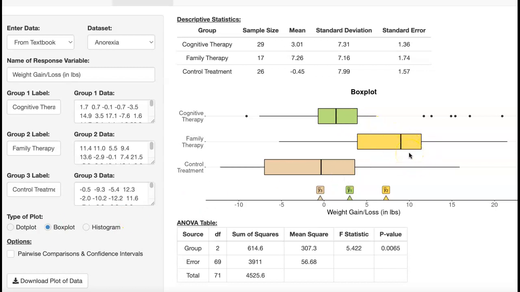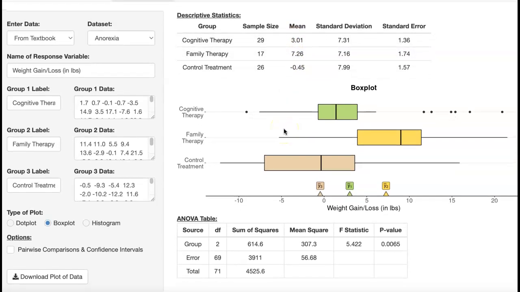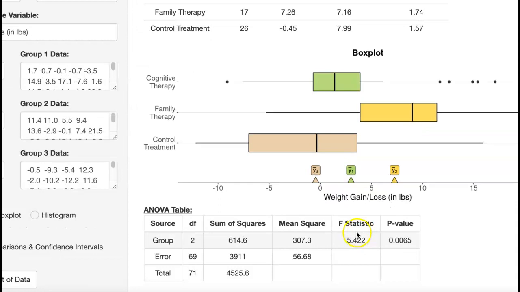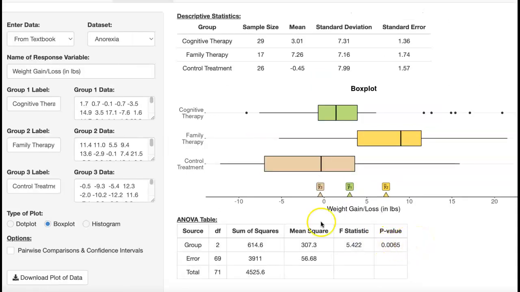Family therapy seems to be doing better, but I do have some outliers with cognitive therapy, and so that's why it's hard to determine whether they're actually different. You have the descriptive statistics here, and it looks like family therapy has a mean greater than the other ones, but is it statistically significant? You look here at the test statistic and then the p-value. Because that p-value is low, we can determine that one of these means is different. They're not equal to each other.